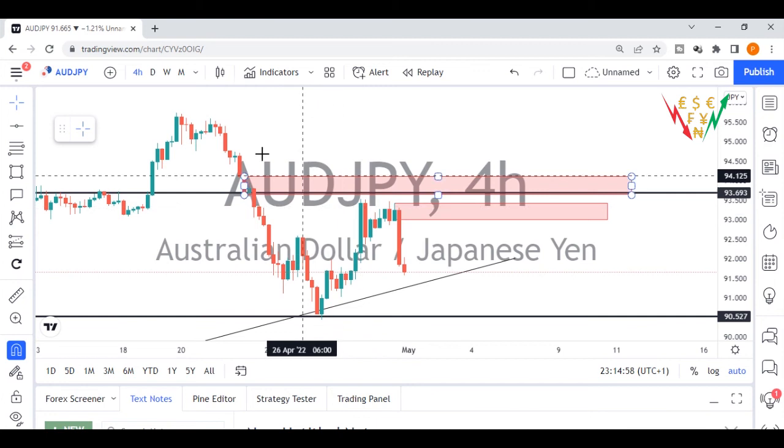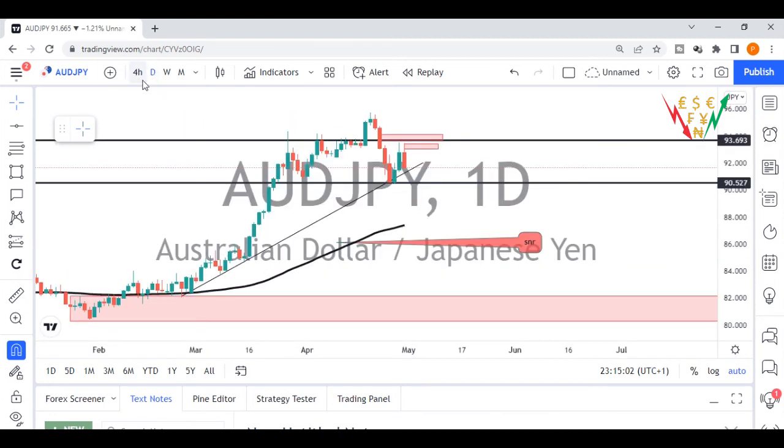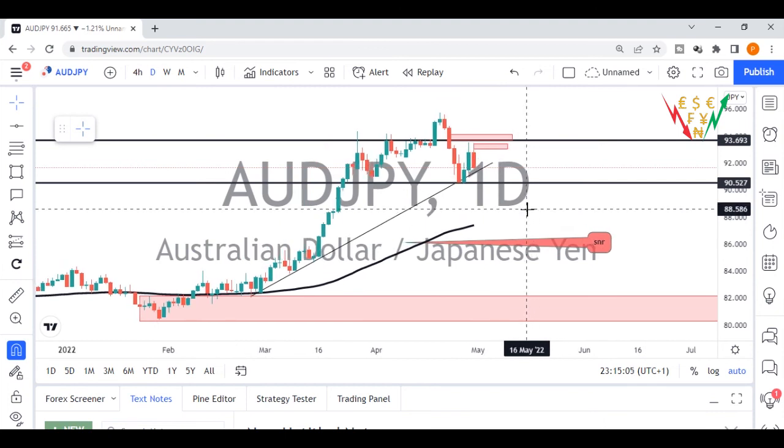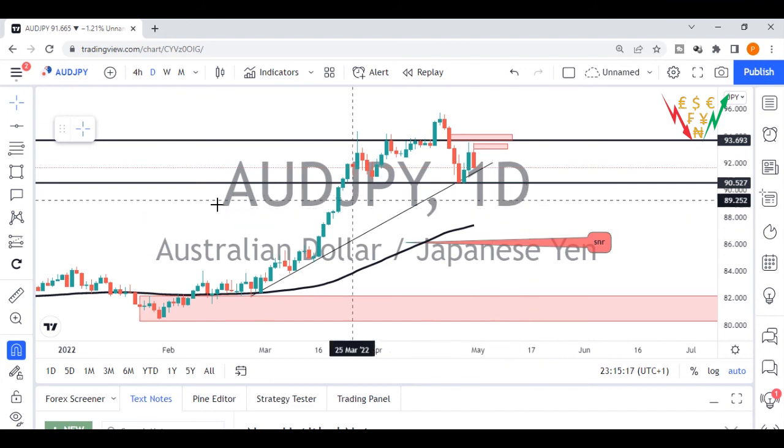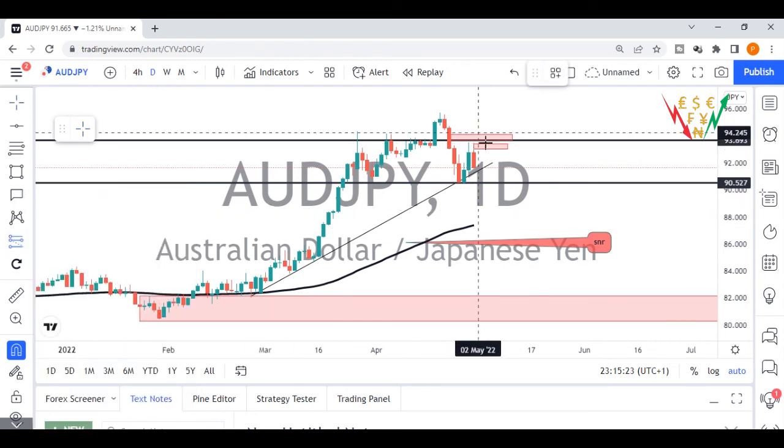For the purpose of this, I'll do what we always do on Millionaire Logistics. Our sentimental bias for the AUD/JPY, the Australian dollar, Japanese yen, is bearish, so we're looking for mid-term, short-term, long-term sells. Let me do one more thing like I always do. For short positions, I'm going to put a couple of probable points.